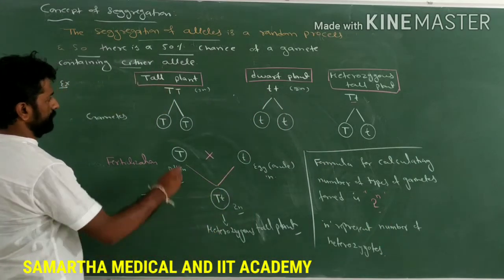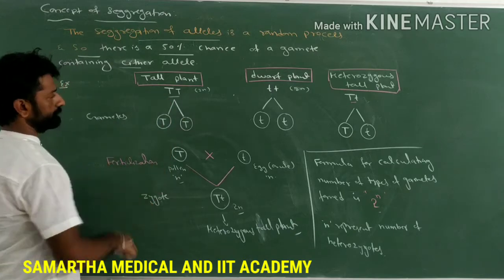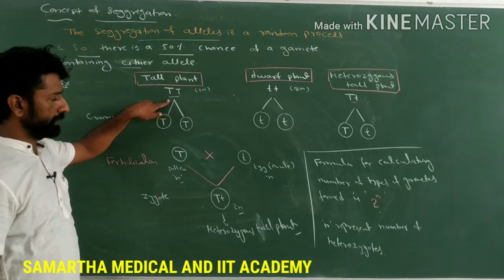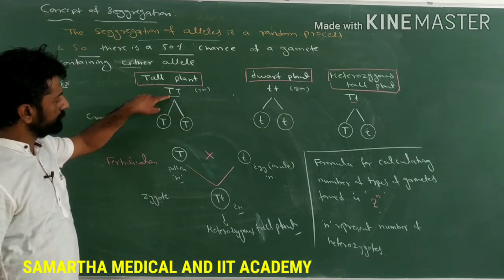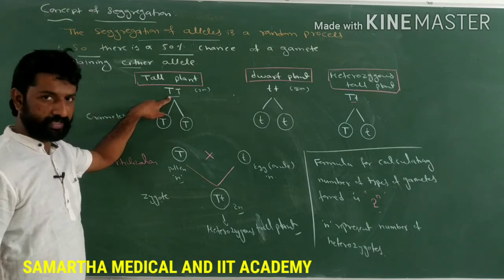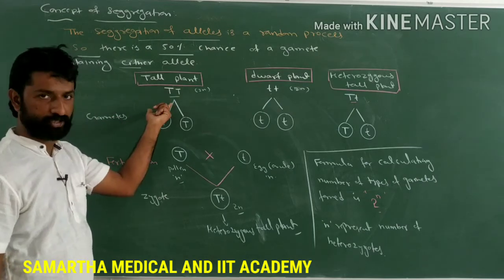For example, in this plant, for the character called plant height, it is a homozygous condition, meaning no heterozygous condition is present.